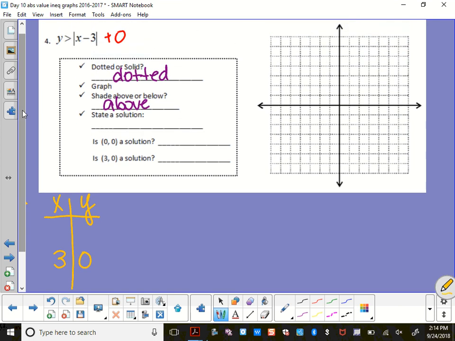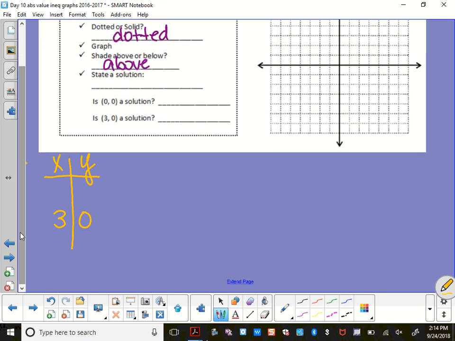So math over the number. You have x minus 3. Alright, so we have (3, 0), (2, 1), and (1, 2). 2 points below. We have (4, 1) and (5, 2).